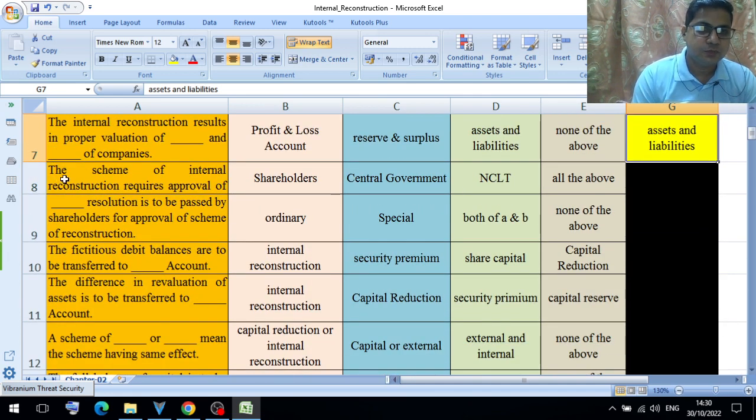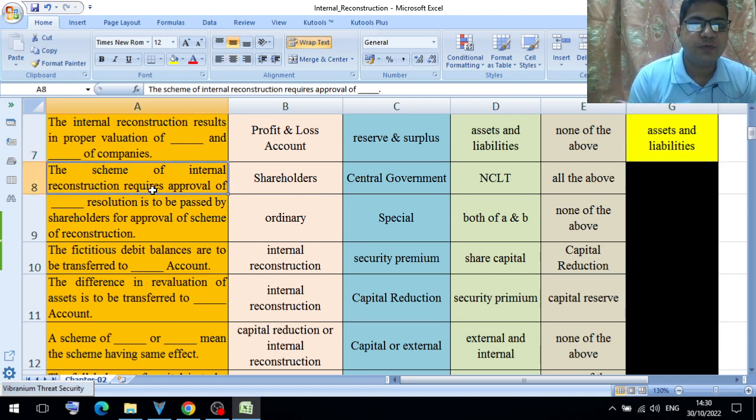Next question. The scheme of internal reconstruction requires approval of dash. Option A, shareholders. Option B, central government. Option C, NCLT, that is National Company Law Tribunal. Or option D, all of the above.